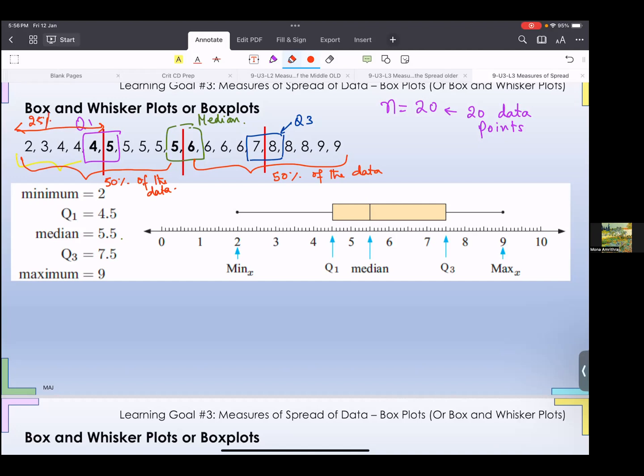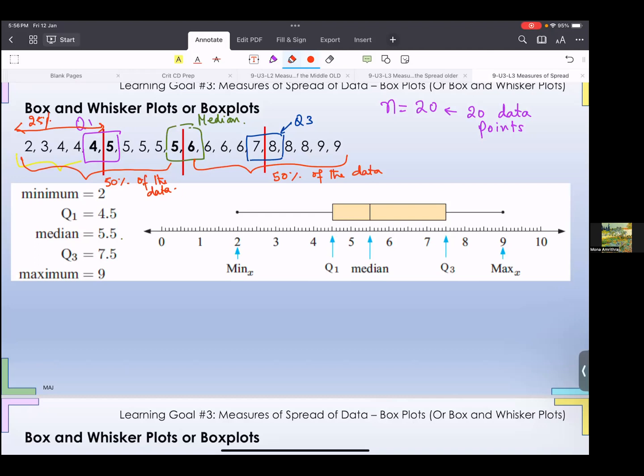We're just looking at the number of data points below that value, not the values themselves. So 4.5 is the value coming from the data, whereas 25% is the number of data points. That is the small distinction.